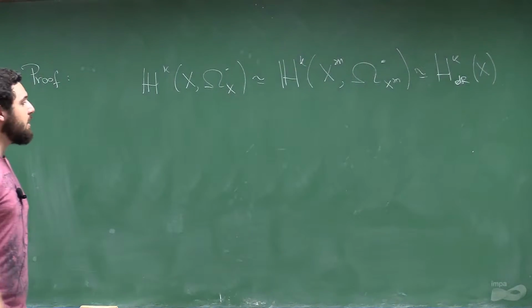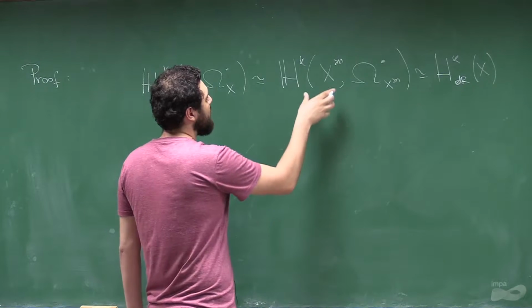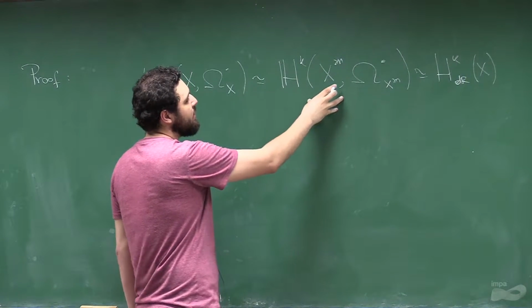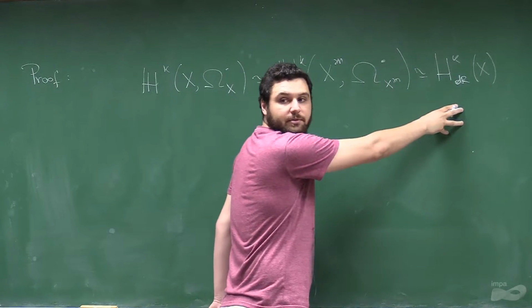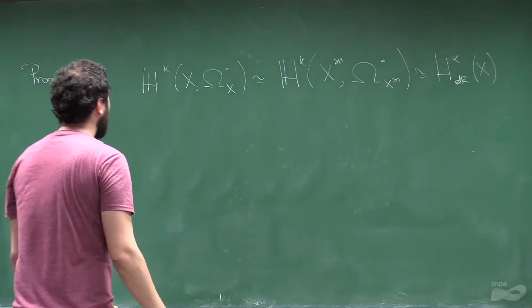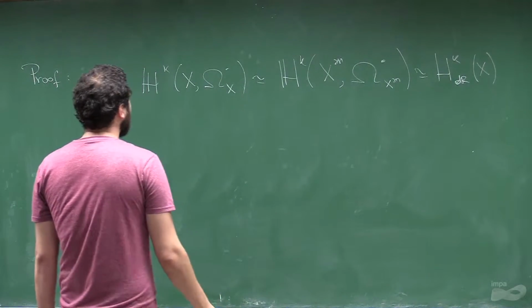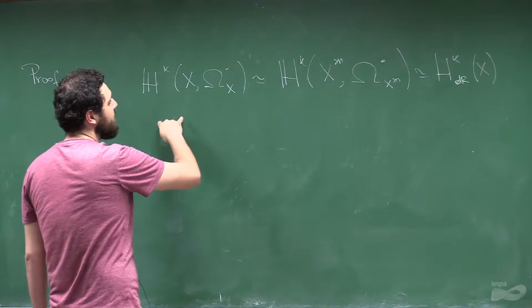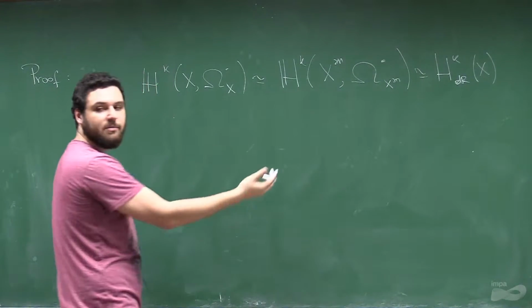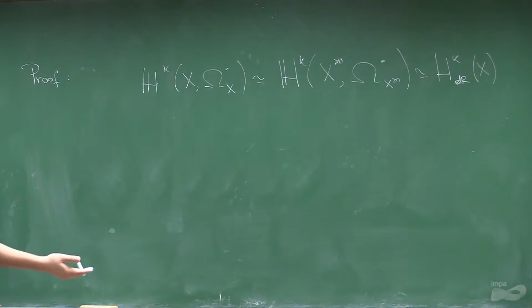And we already saw that the naive filtration associated to this hypercohomology group goes to the Hodge filtration here, in the case where X is smooth projective. So the only thing is to prove that the naive filtration here goes to the naive filtration here, and it's an isomorphism.